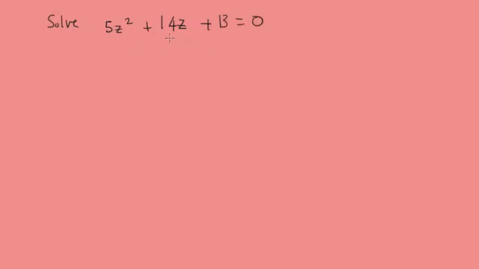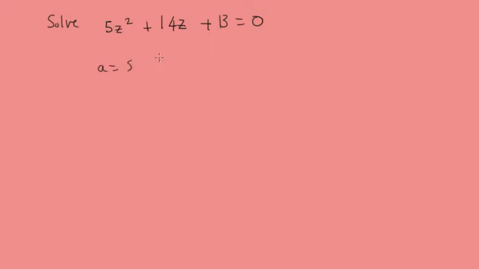Now this looks like any quadratic equation that you would have done previously. It's the same format, and we in fact solve a quadratic equation involving complex numbers in exactly the same way as you would if it had real numbers. These are not very nice to factorise, so we're going to use the quadratic formula.